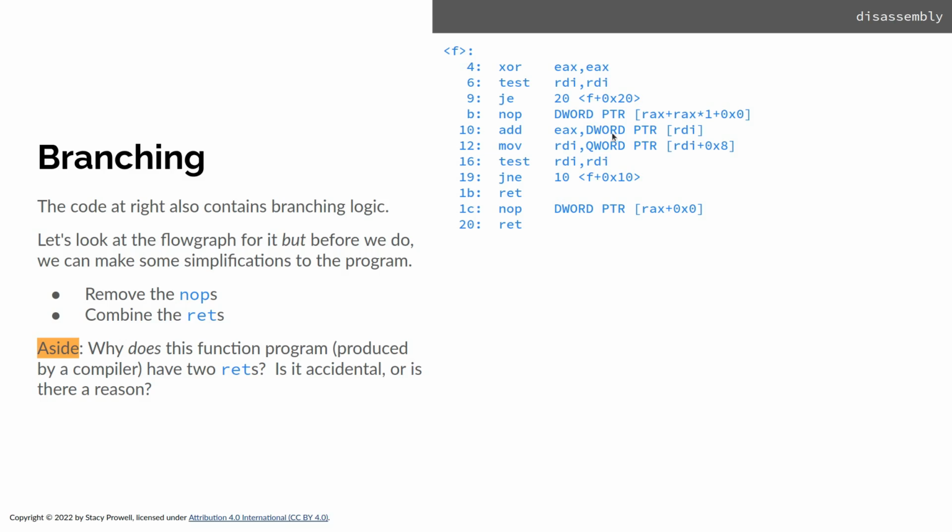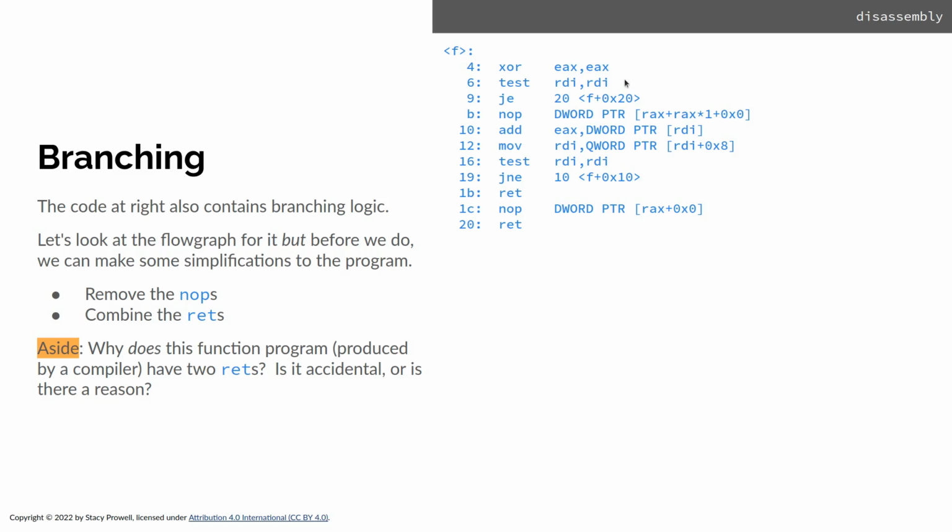What do I do here? Well, I go and look at what's pointed to by RDI, right? DWORD PTR. And I take the dword, right? That's an int, and I add it into EAX. I'm pretty sure RDI is a pointer, right? It's being used as a pointer. So this was checking for null. So it looks like the program was int i gets 0.